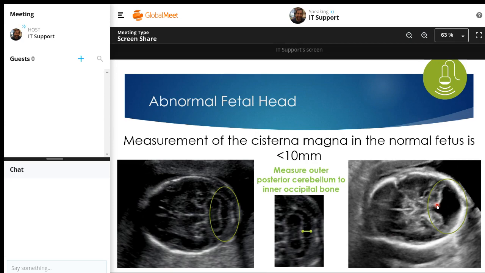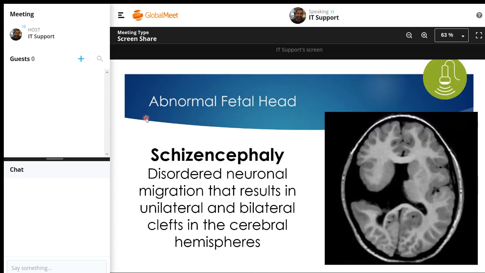So schizencephaly. This is a condition with disordered neuronal migration that results in unilateral and bilateral clefts in the cerebral hemispheres. Neuronal migration has to do with the embryologic development of the brain. It is abnormal, so it causes these big holes and clefts in the brain tissue.